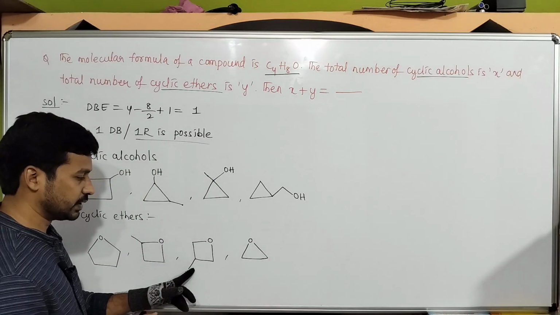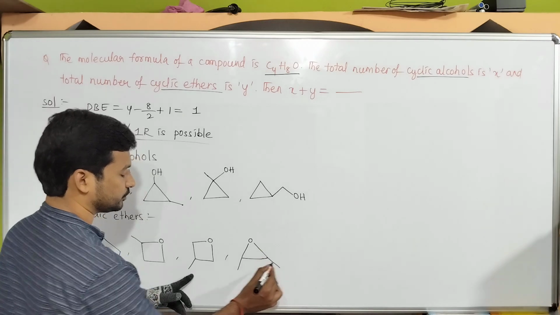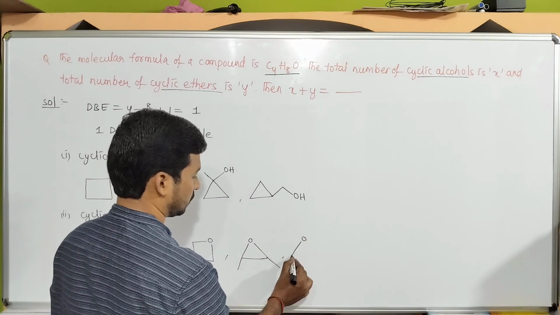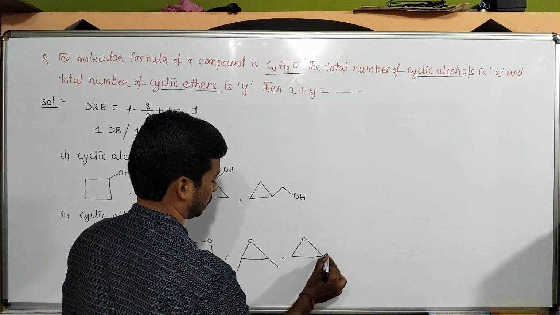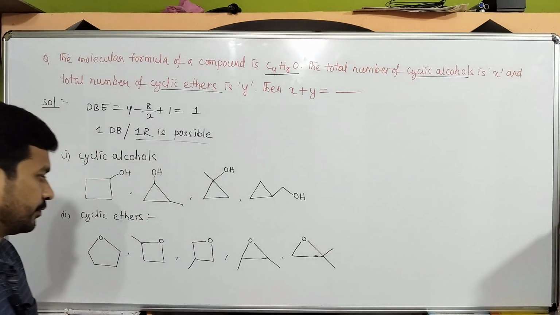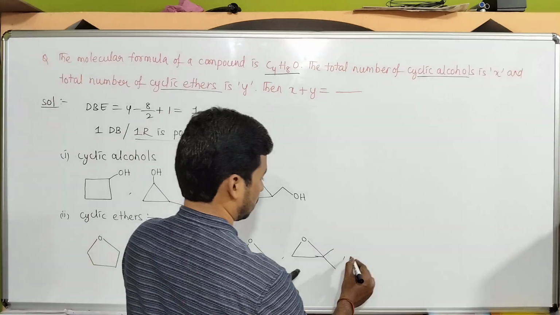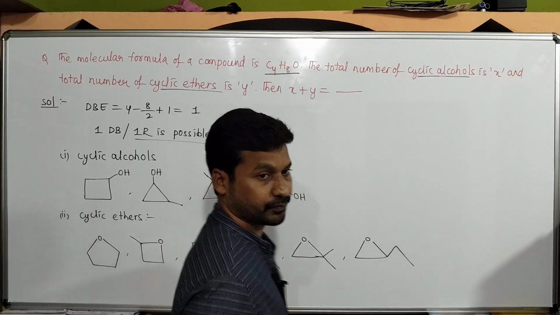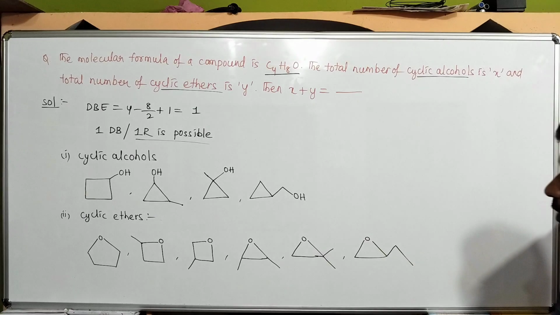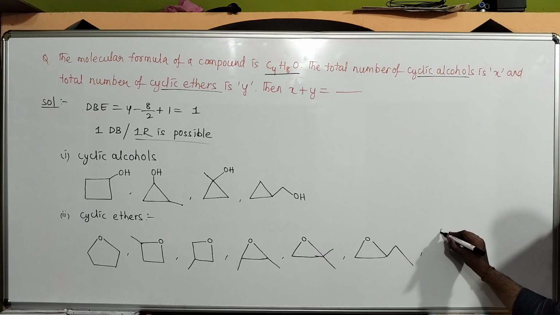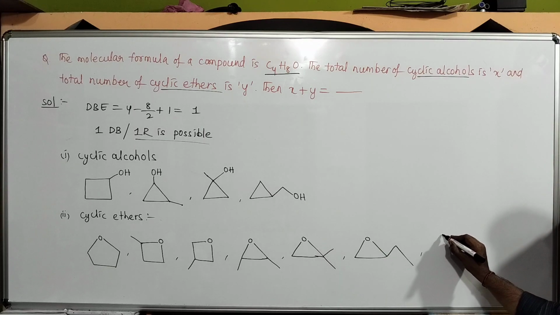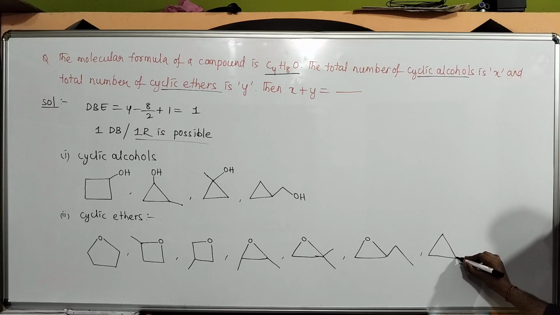Ring size 4 with one branch, ring size 3 with 2 branches, or take 2 branches here like this, or take a branch like this. That is one more possibility. Next, take the ether group on a branch. This will become 1.